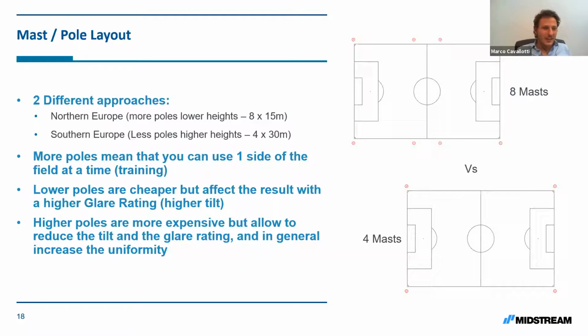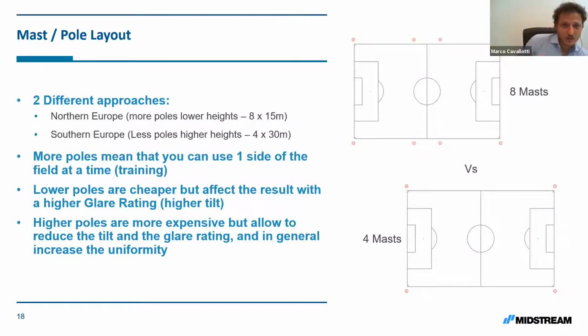The difference is that more poles mean that you can use one side of the pitch for training purpose. So with this layout here, you can turn off half of the pitch, as we have seen with the tennis court, and use only this half for training, or if you don't have to use the entire pitch.